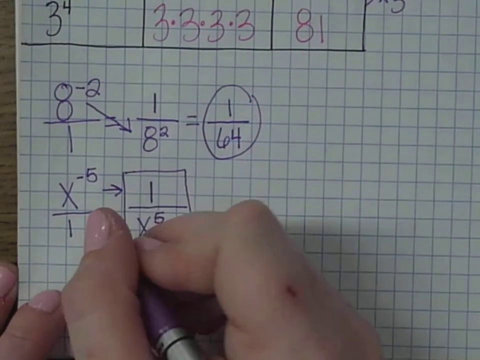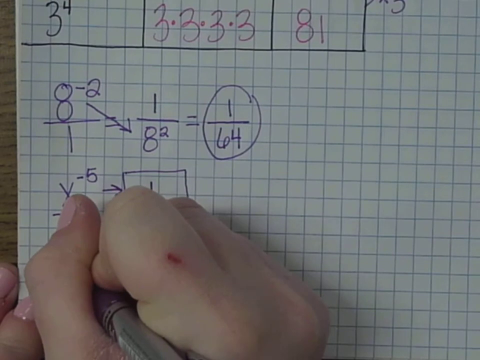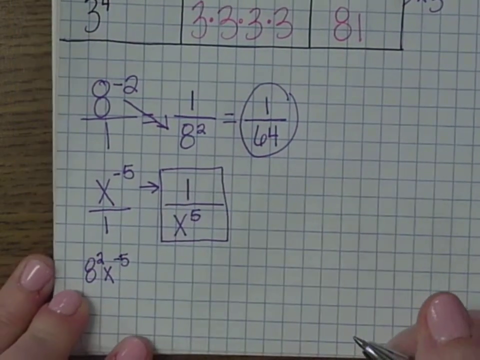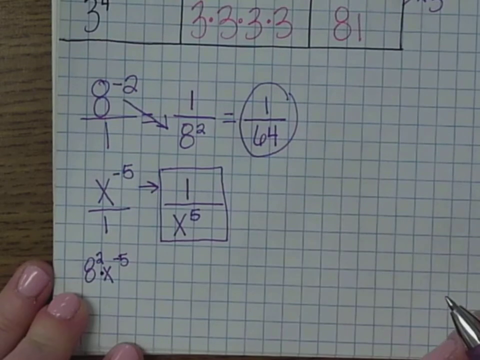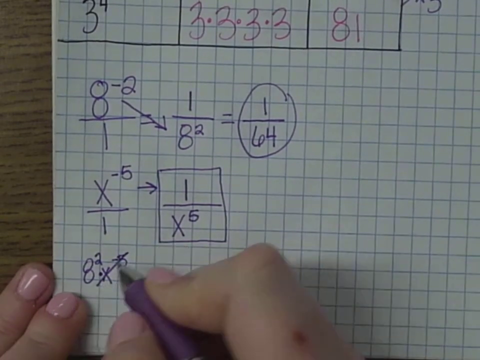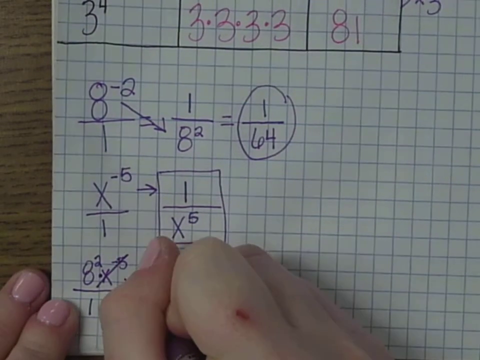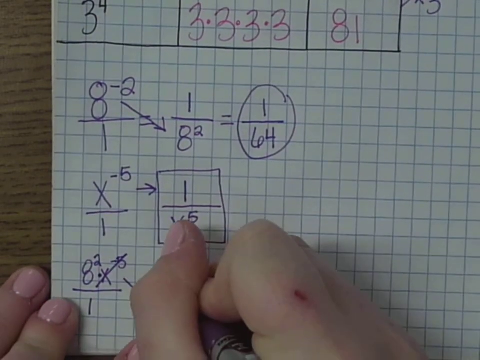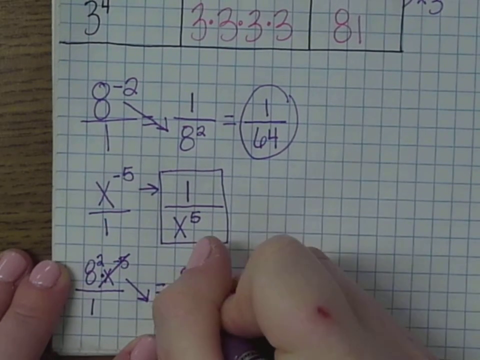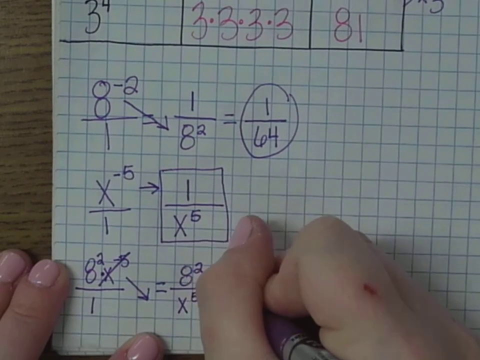Okay, what if I had 8 squared times x to the negative fifth? Well, this is the only part that has the negative exponent, so place it over 1. That's the only thing that moves to the bottom. So you would have 8 squared, and x to the negative fifth would move to the bottom.